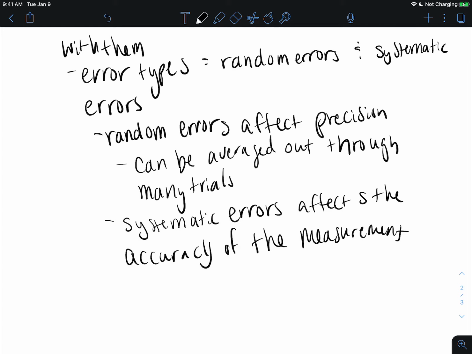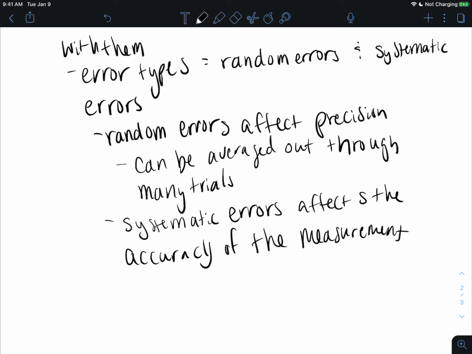They are going to be repeated over and over again, so you're generally going to get the same error each time. This could be something like an instrument being calibrated incorrectly. So you can't just average these out by taking many measurements. This is a lot harder to deal with. But no matter what, you're going to have error: you'll always have random errors, and sometimes systematic errors.